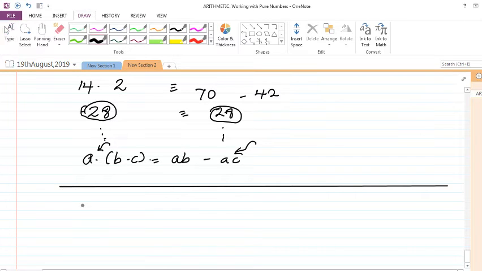So we're looking at distributivity and division.